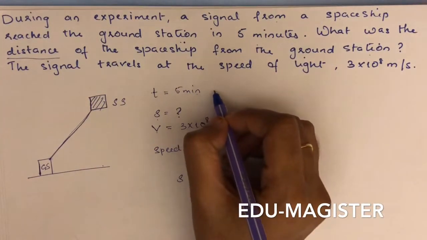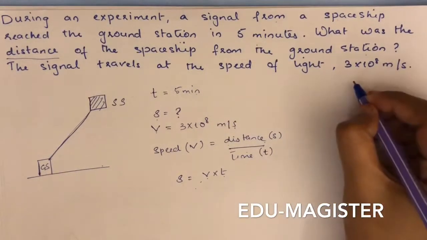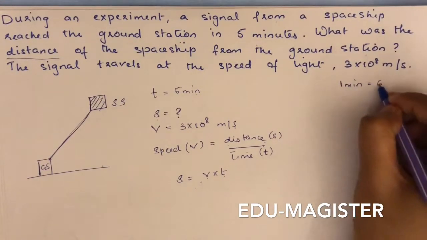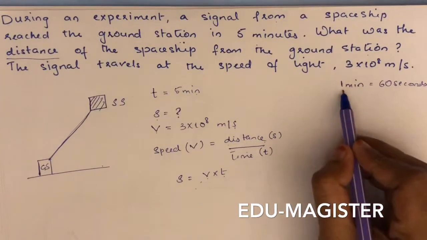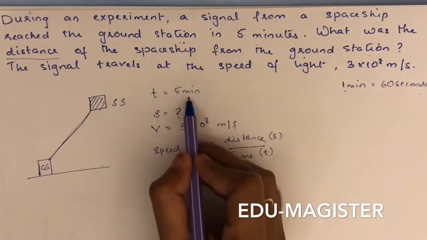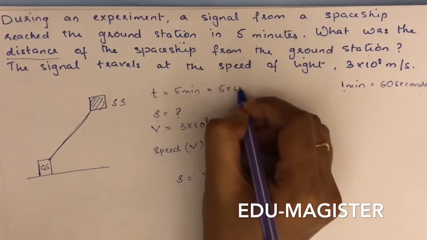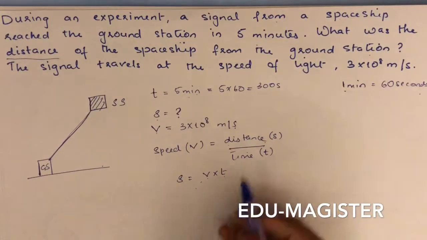So what is 5 minutes? When we convert 5 minutes into seconds, what happens? Here we know that 1 minute is equal to 60 seconds. We are using this formula to convert minutes to seconds. So 5 minutes will be 5 into 60, that is 300 seconds.